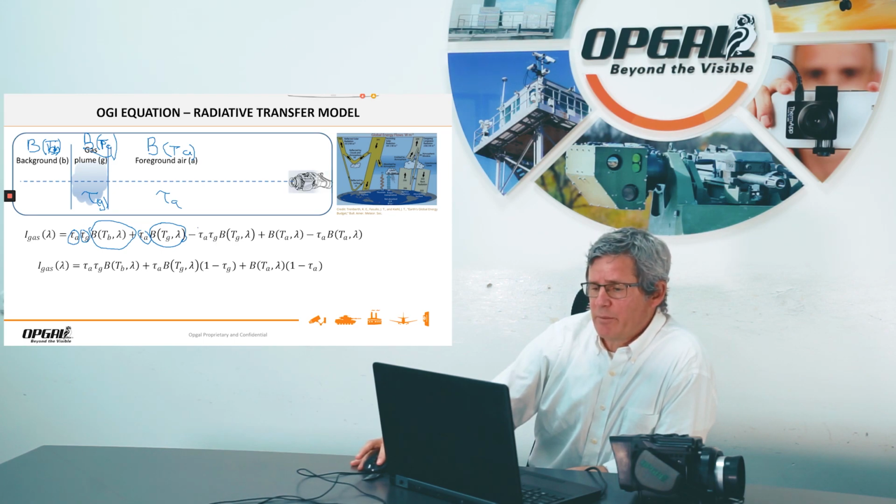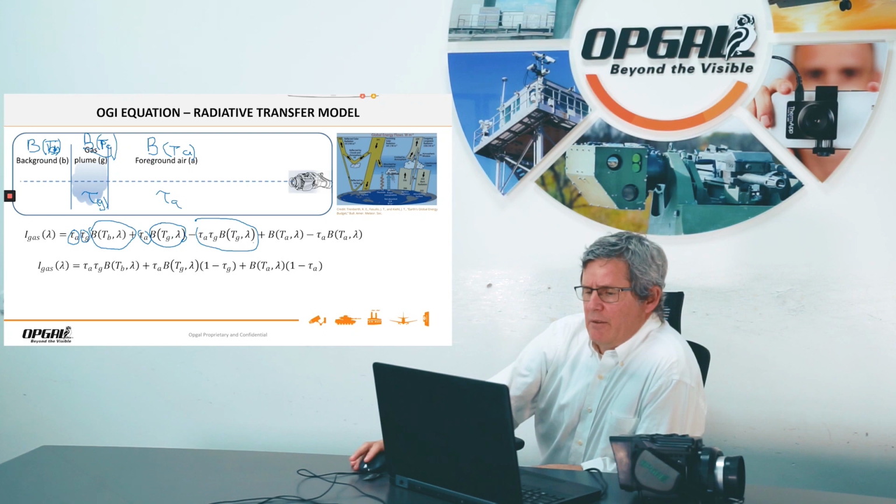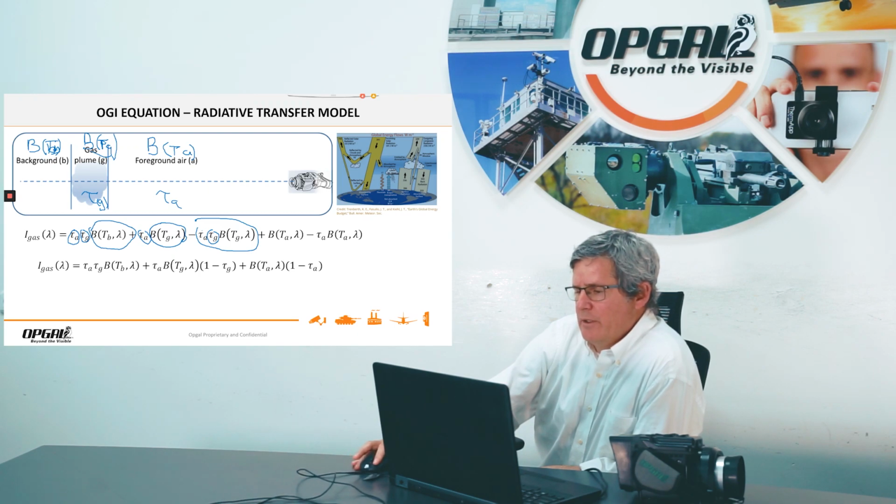And we need to subtract here the absorption of the gas layer of what's going on over here. So this is subtracting the absorption. So we multiply by the transmission, and then it goes through the air to the other layer.